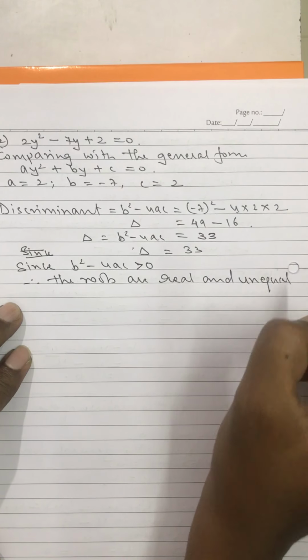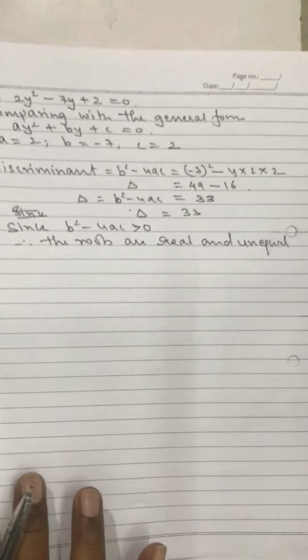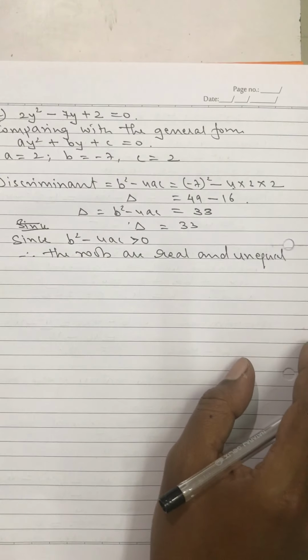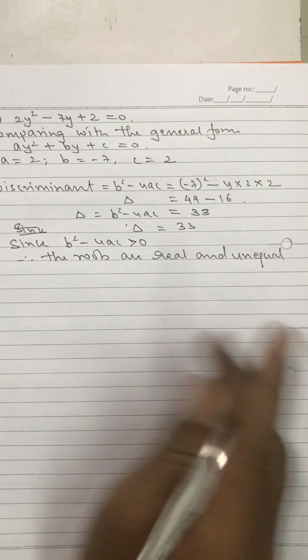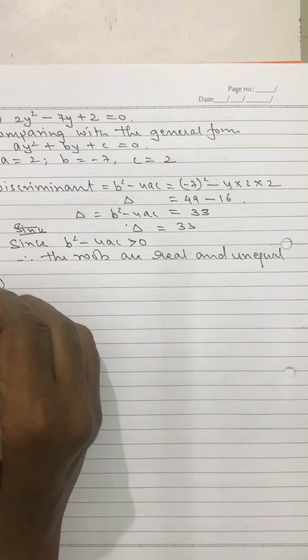They will definitely be different roots. Here, if it were 0, the roots would be real and equal. They are real and unequal because the discriminant is greater than 0.